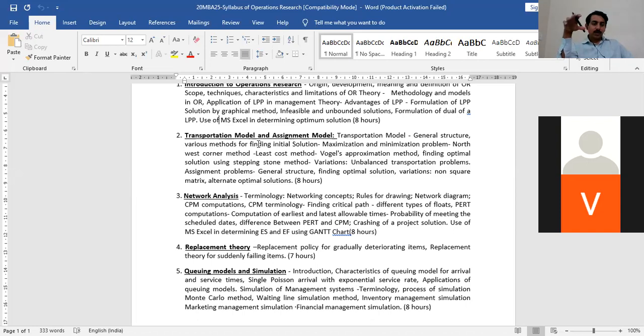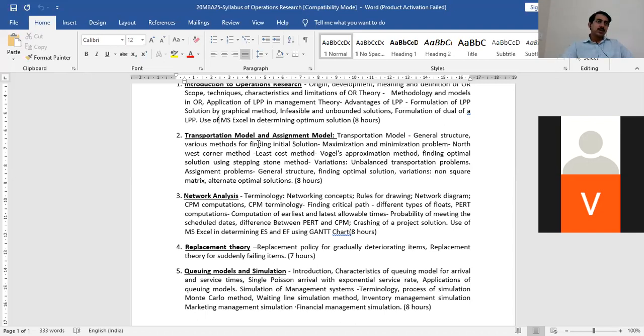Not only allotment of work, but even for the finance analyst, which investment is better, that also can be decided using the assignment model. That means it is basically about allotting one particular parameter with another.